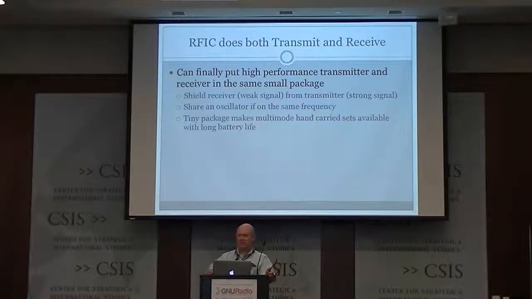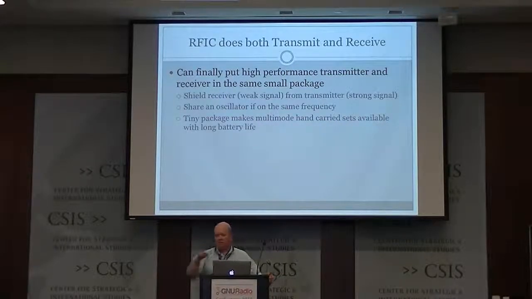You can isolate them. So the transmitter that's sitting right there on this little die that's about yay big doesn't overload and clobber the performance of the receiver. I don't think you understand how hard that is. It's hugely hard. They have to have nearly 100 dB of isolation between that transmitter and that receiver sitting on the same part. It was the engineering problem that had to be solved.